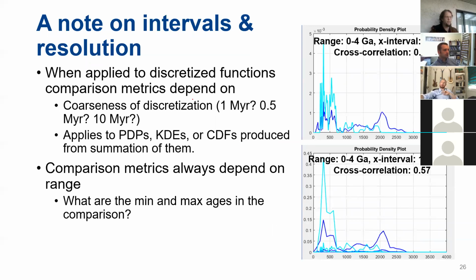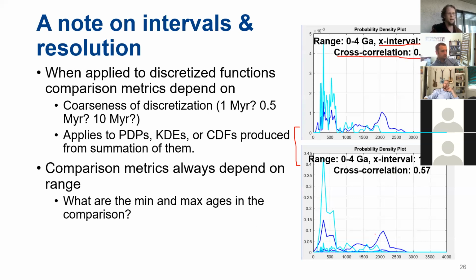Unfortunately, all of the metrics based on PDPs or KDEs have some limitations, and those have to do with the discretization, for example. So if we've got 2 samples, in both of these, the dark blue and the light blue are the same data sets, just discretized differently. In the upper one here, we're looking at a probability point every 1 million years, and that gives us a cross correlation coefficient of 0.41.